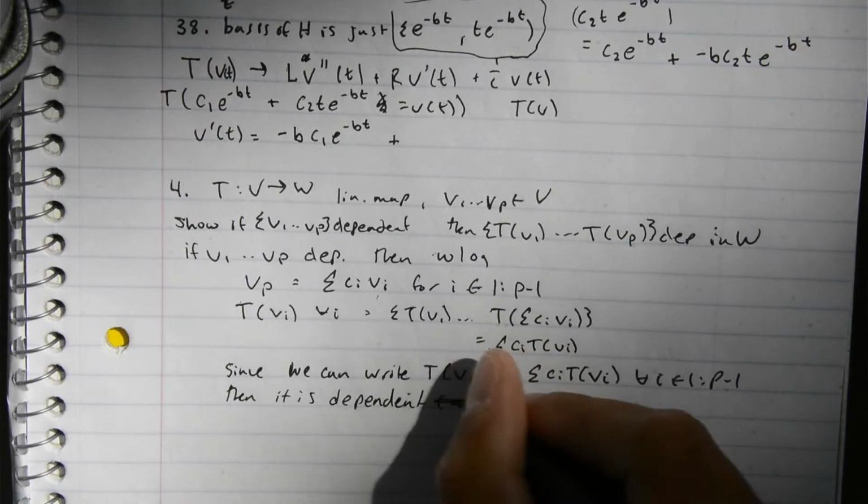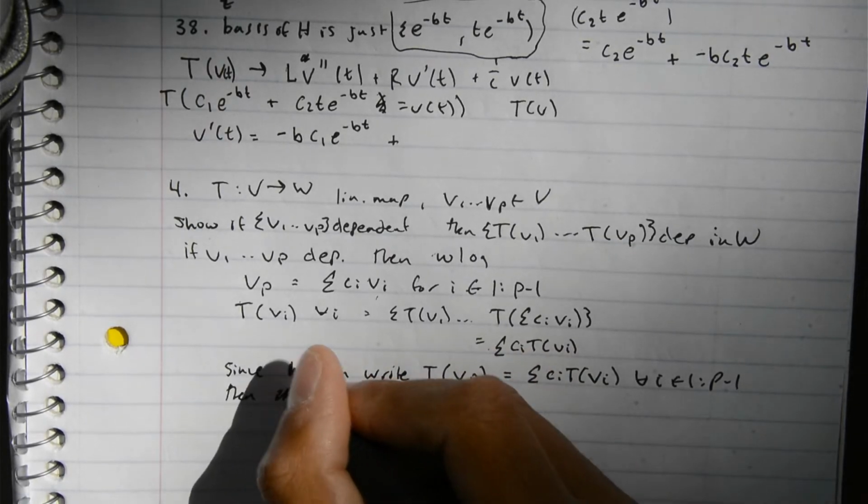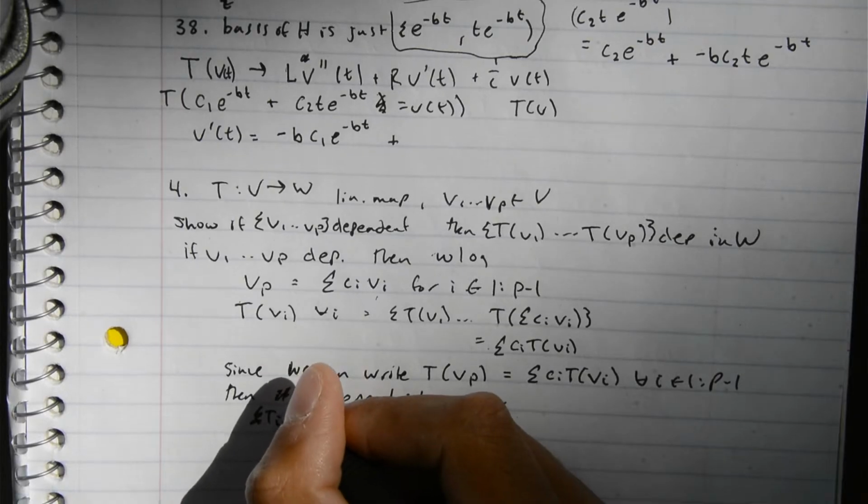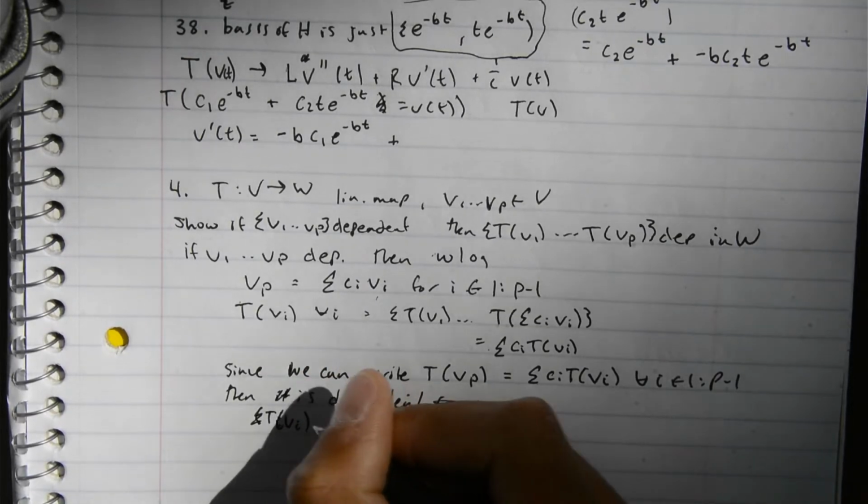Yeah, that's it. It is dependent, meaning the set T of Vi is dependent. Okay.